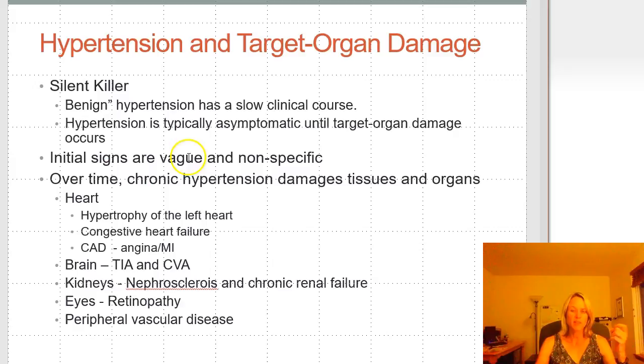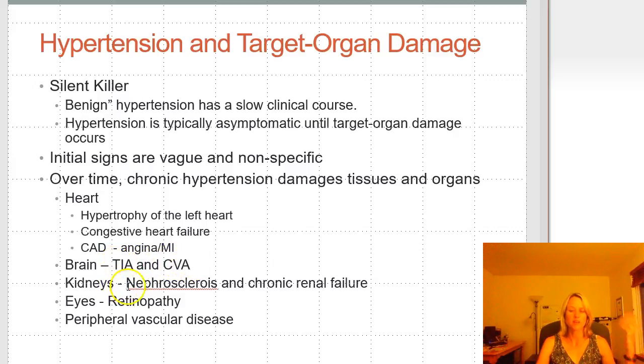There can be some initial signs such as headache, but the initial signs are pretty vague and nonspecific. But over time, chronic hypertension leads to damage to tissues and organs. It can lead to hypertrophy of the heart, congestive heart failure, coronary artery disease. In the brain, it can lead to transient ischemic attack and stroke.